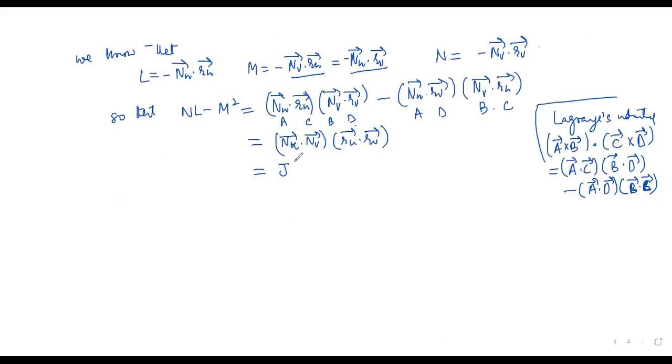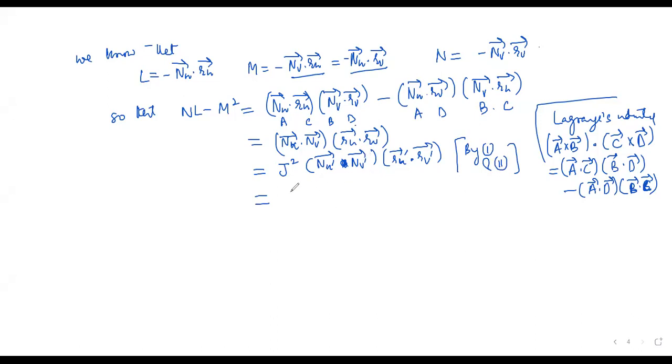So using 1st and 2nd, that would be equal to J square N_U prime cross N_V prime times R_U prime dot R_V prime.